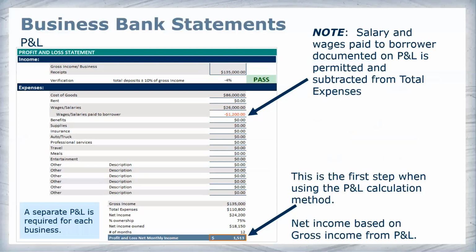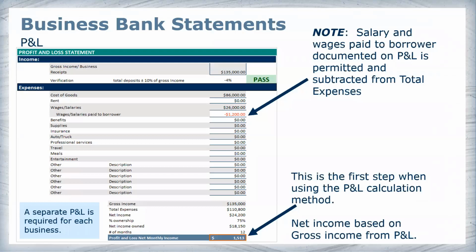So for your P&L, you'll want to enter all the figures from the P&L. Wages paid to the borrower are permitted, as I said, to be added back. So it's listed here as a negative and subtracted from the expenses. And again, this is an automatic calculation.